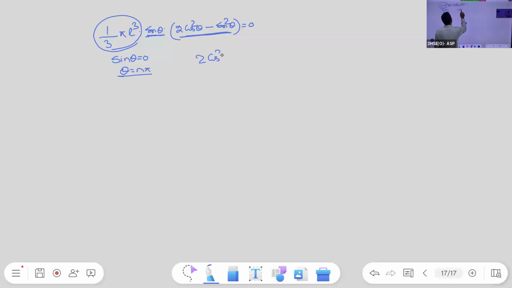2 cos square theta minus sin square theta is equal to 0. This implies sin square theta is equal to 2 cos square theta. This implies sin square theta upon cos square theta equals 2. So tan square theta is equal to 2.